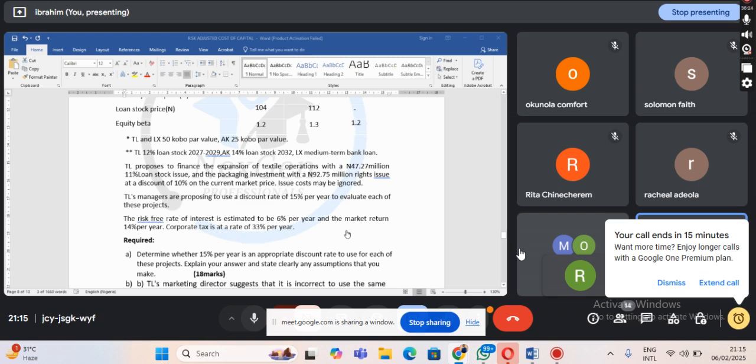Your value of debt is 47.27. The cost of debt is 11%. The market value of equity, you use 92.75. Don't forget that ideally they're supposed to give us the level of gearing. They used to say debt to debt plus equity, just like the way we did in our previous class.